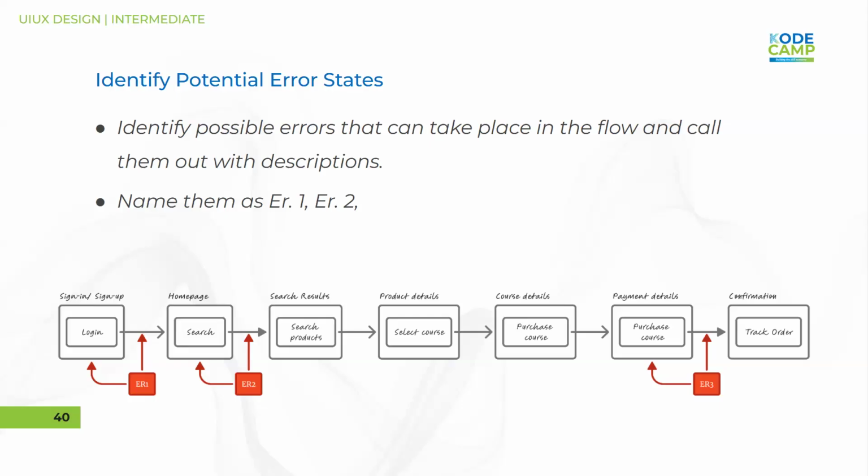So we can also have an error there, and we will definitely have an error when it comes to payment details. So when you are making a flow, identify potential error states. Name it. You can use error 1, error 2, and error 3 to label those where errors are going to occur.